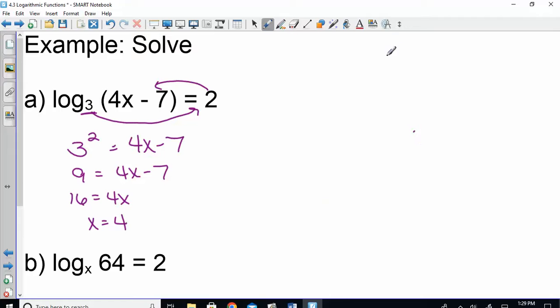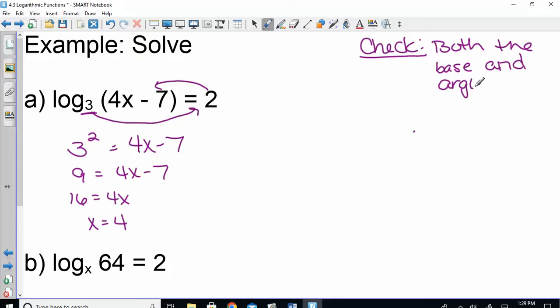One thing that we do have to make sure we do on these is check our answers. Both the base and the argument must be greater than 0.